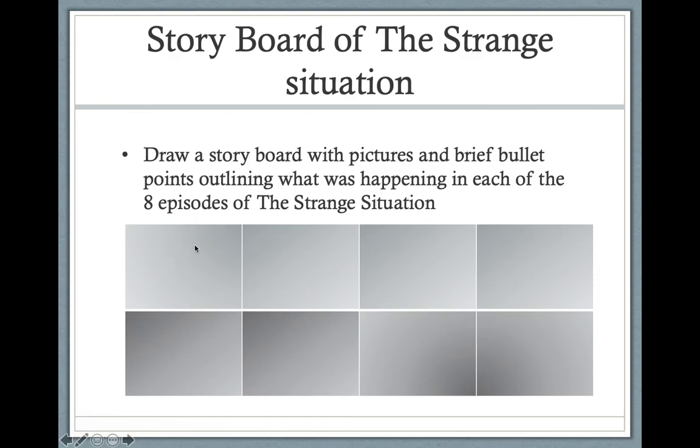So here you draw a little picture of the mother and the baby and the observer chatting, and underneath you'd put: observer explains the procedure of what's going to happen, 30 seconds long. Then you do the same for the next one and the next one.